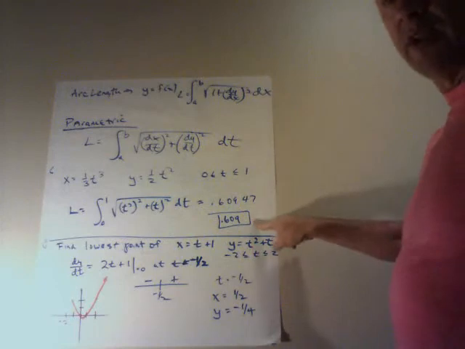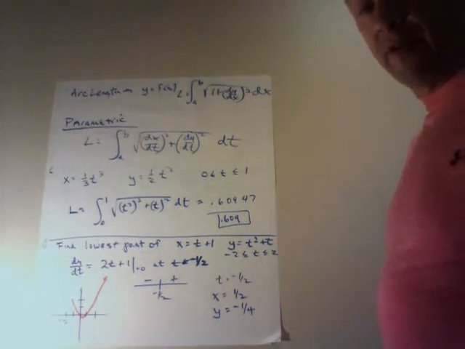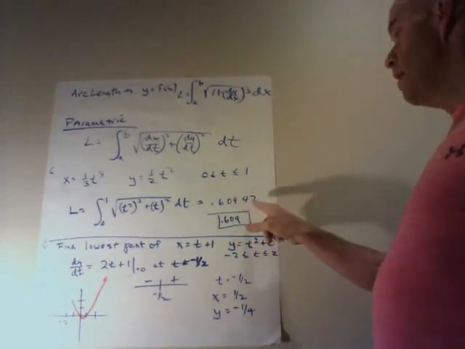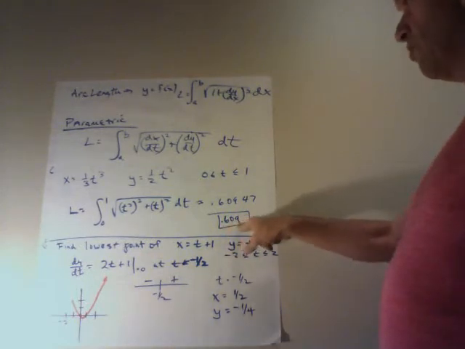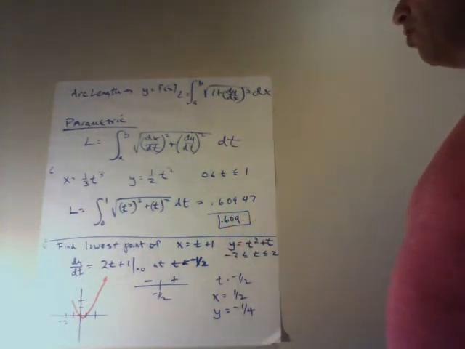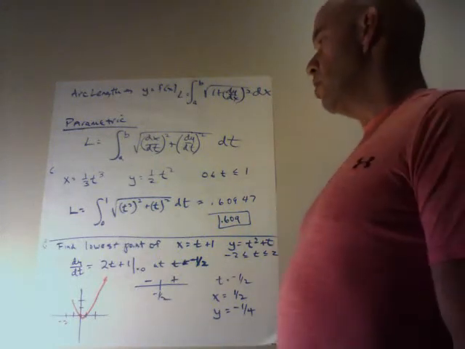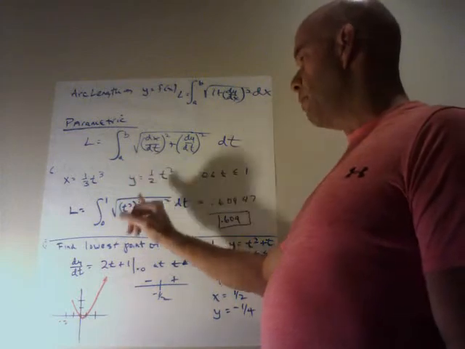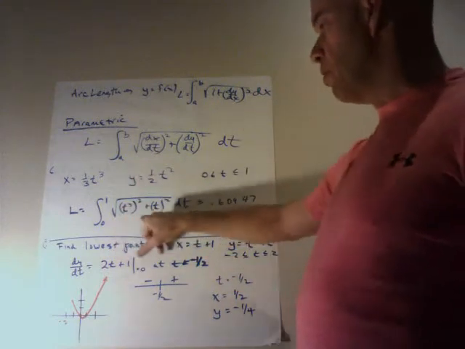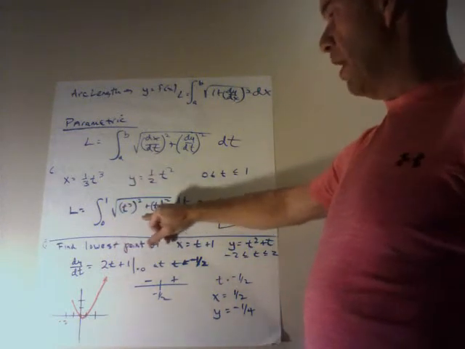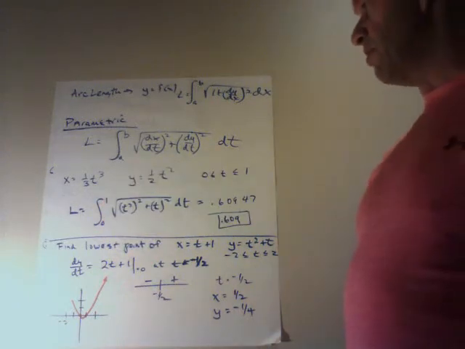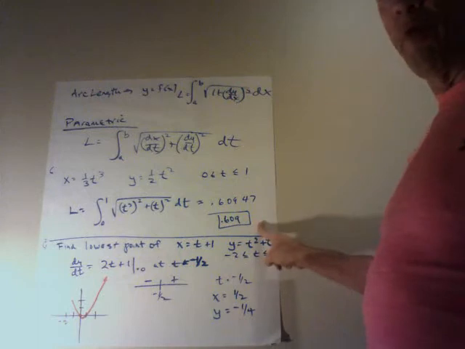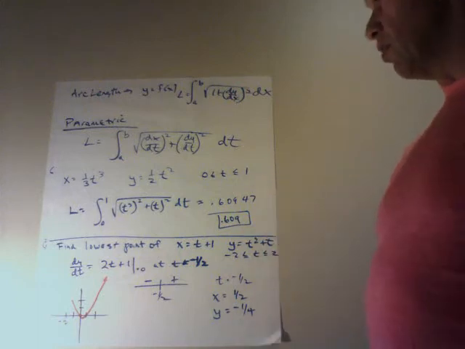And I'm going to start drilling into your head that for the AP, they only want 3 decimal places, so your final answer would be 0.609. So if this was a free response question, you'd probably get a point for having the proper integrand. You'd have a point for having the proper limits of integration, and then you have a point for putting it in your calculator correctly.